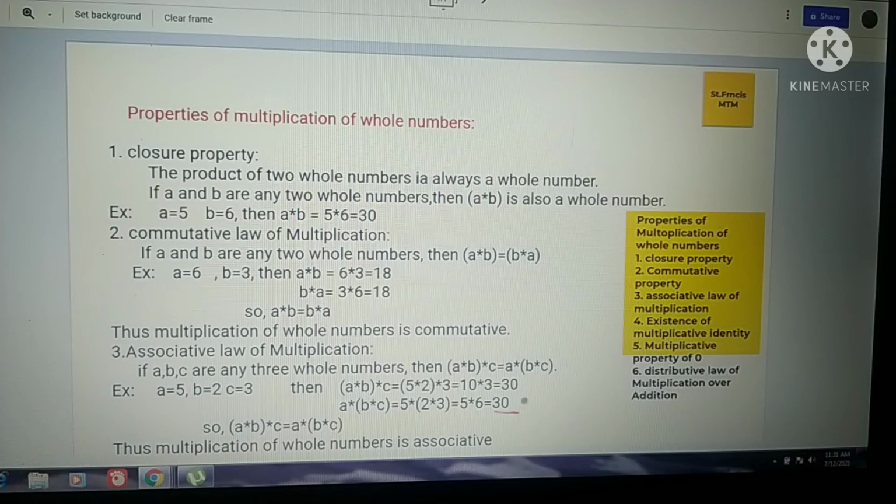What you get here? 30. So in both the cases you get the same answer. From this what we can say? a into b into c equal to a into b into c with the brackets changed. So we have satisfied this associative law also. So in the last what we can write? Multiplication of whole numbers is also associative. Next we will see the next one, existence of multiplicative identity.